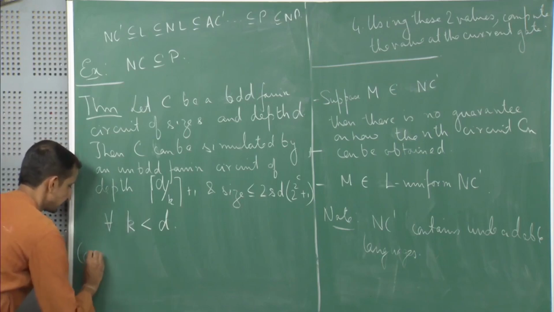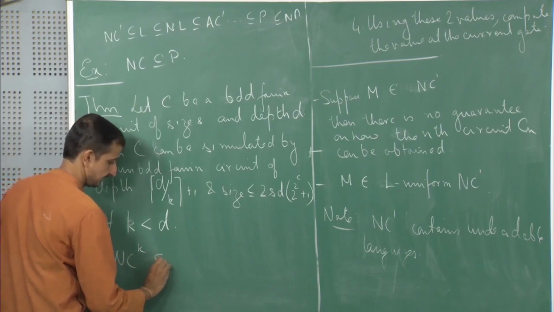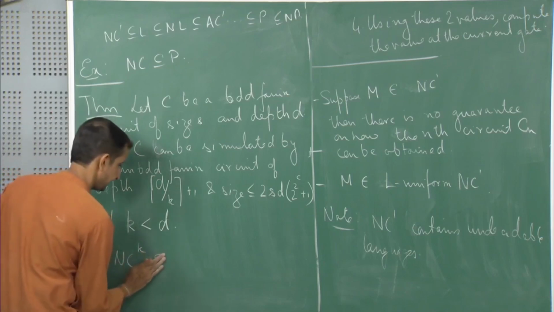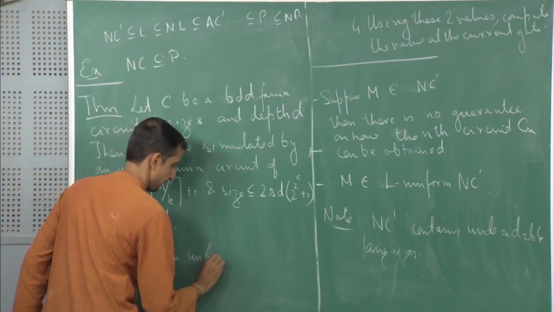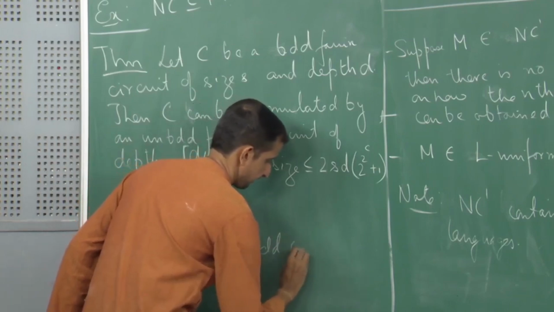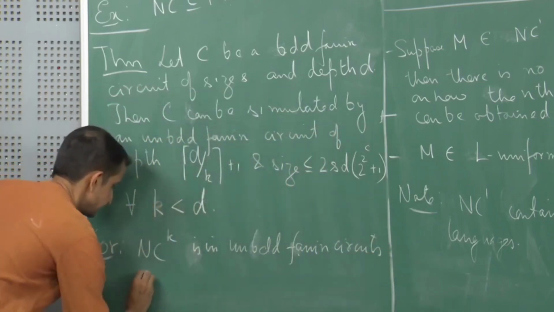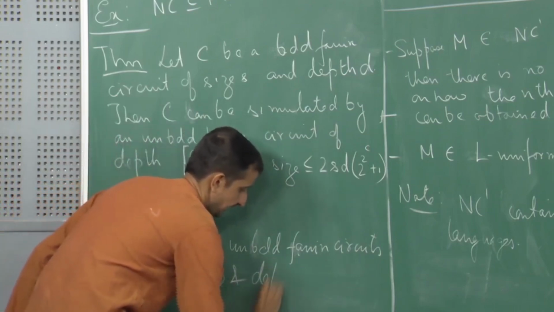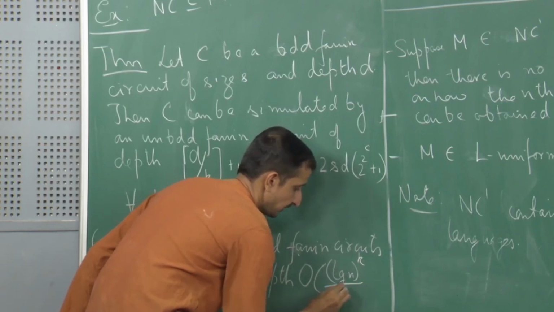As an immediate corollary of this, what do we get? We get that NCk can be done in unbounded fan-in circuits of polysize and depth order of log n to the power k divided by log n.